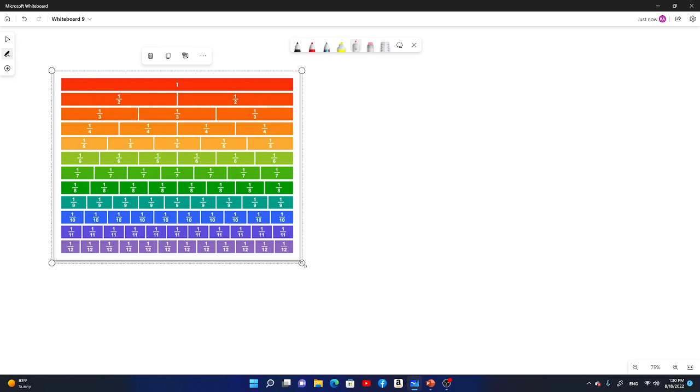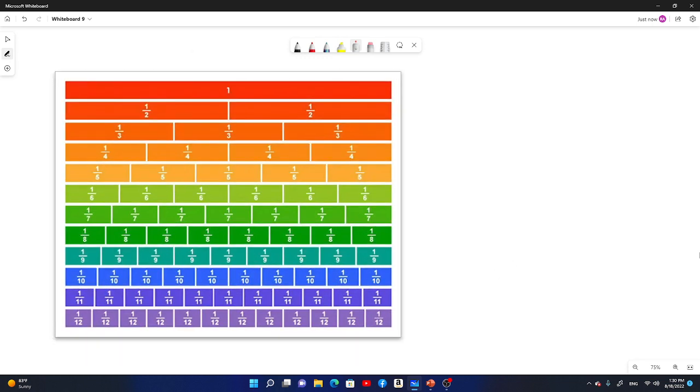Over here, as you can see, I've got a fraction chart. This chart shows the fractions from 1 whole all the way up to 12, the denominator. As the denominator gets larger, the fraction, the part, gets smaller. So that's the rule: the larger the denominator, the smaller the piece.